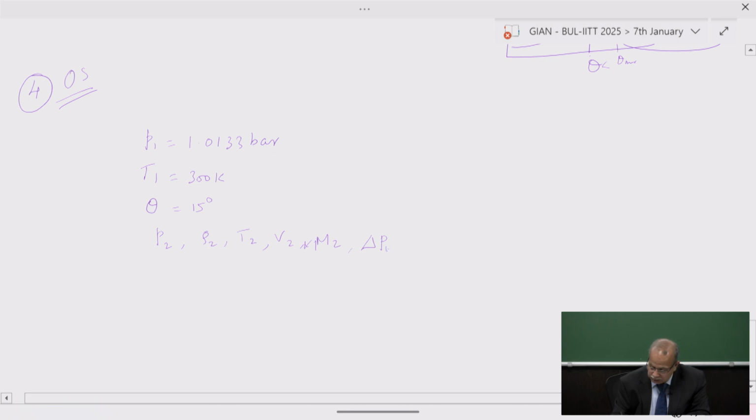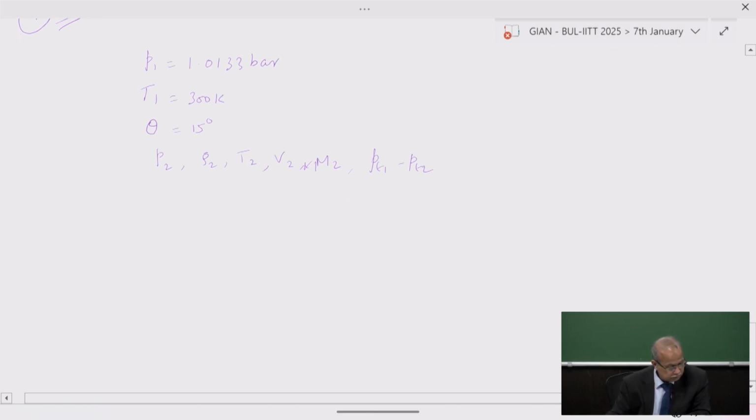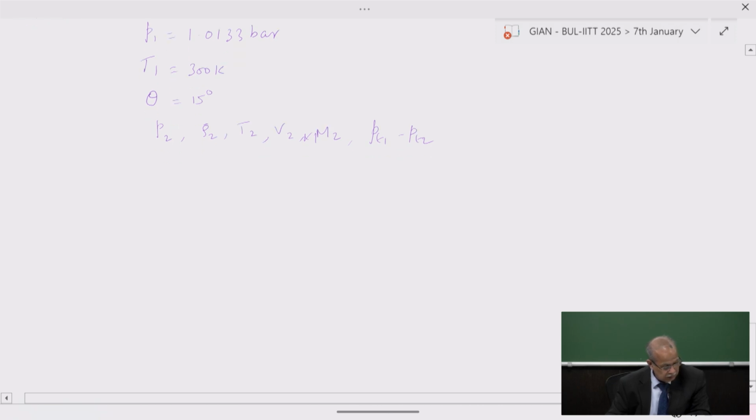What is delta PT, that is PT1 minus PT2 across the shock? So these are the parameters. The key point is that the flow is now deflected and has a weak shock. So this is a typical problem of an oblique shock.